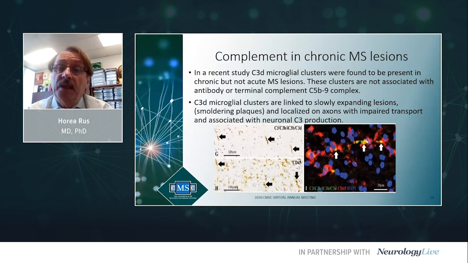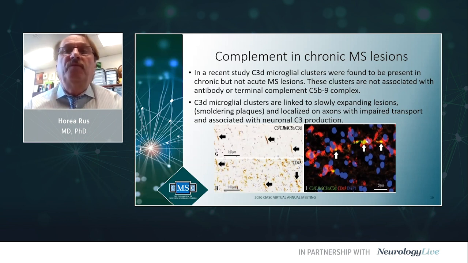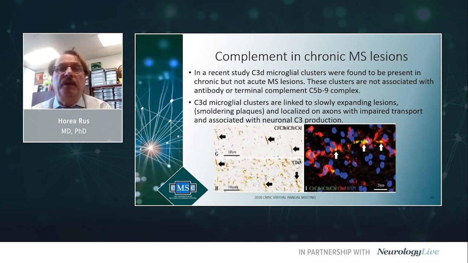C3d is green, CD45 is red, and it also indicates that C3d deposits are somehow inside these microglial clusters. So again, this is important for slowly expanding lesions or smoldering plaques.